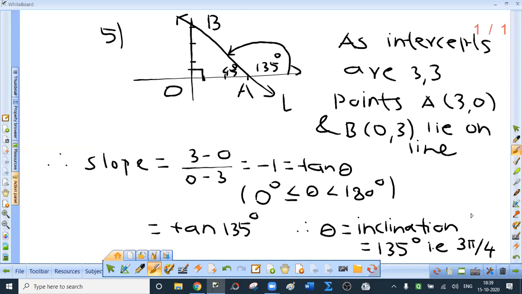If somebody asks you why tan 135 is minus 1, what is 135? 180 minus 45. See, allied angles, that is very important. Tan of 180 minus theta is minus tan theta. So 135 is the supplement of 45. What is tan of 180 minus 45? Minus tan 45. Yes, minus 1. So what is the inclination? 3 pi upon 4.